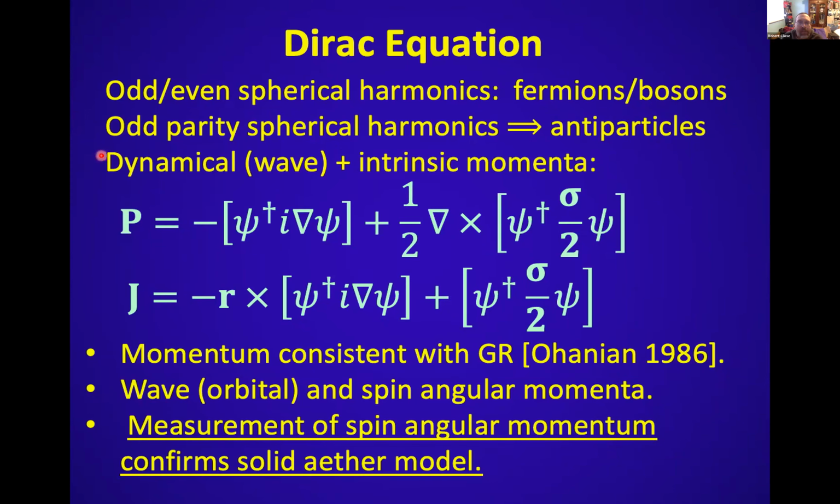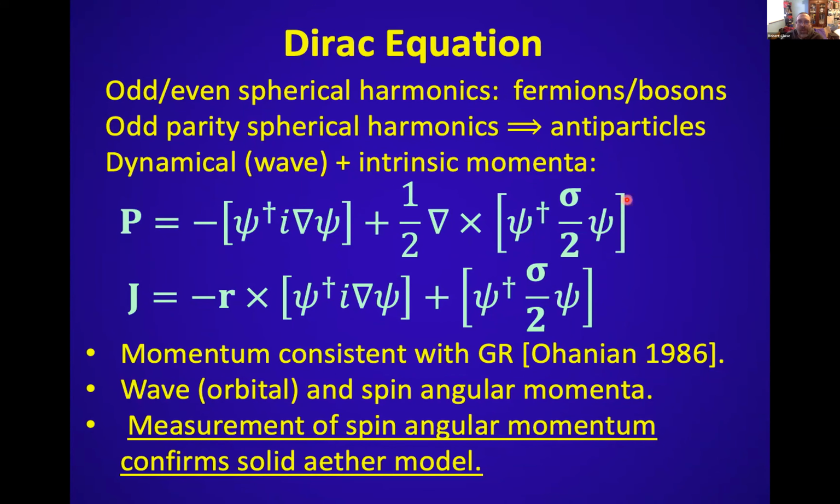And then finally, if you calculate the total momentum and angular momentum, you get two components for each. You have the dynamical or wave components, familiar from quantum mechanics. And you also have the intrinsic momentum and angular momentum, which are the usual momentum and angular momentum that you would associate with the moving particle or moving piece of a solid.